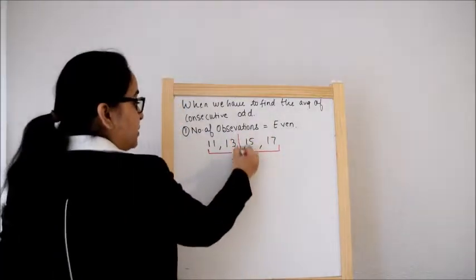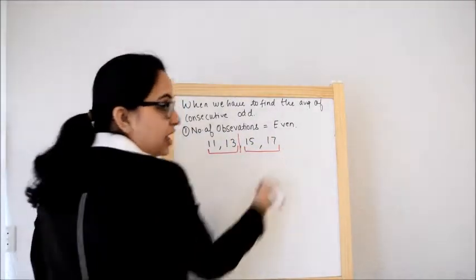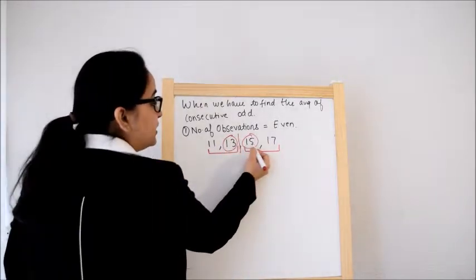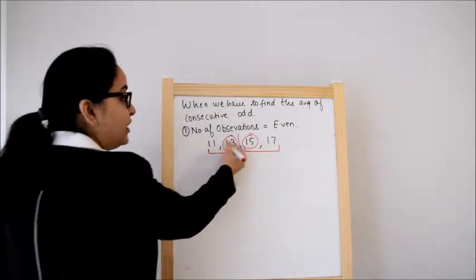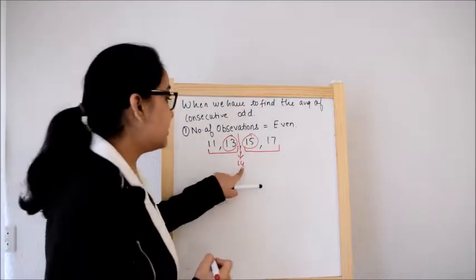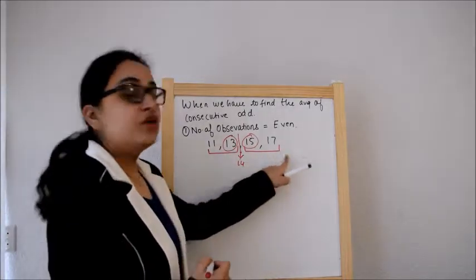Okay, this will be the middle point, so we will separate them in 2 halves and we will see these two numbers. Okay, so this is 13 and this is 15. Which is the number between these two numbers? It is 14. So 14 will be the average of all these 4 numbers.